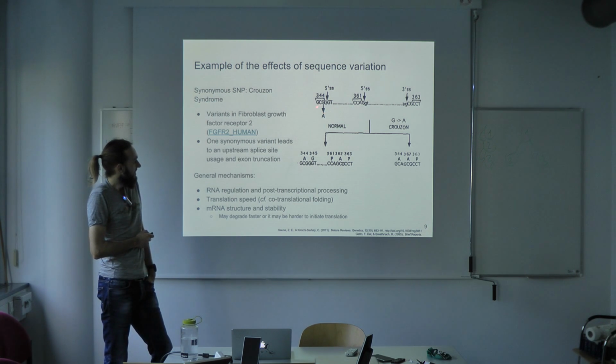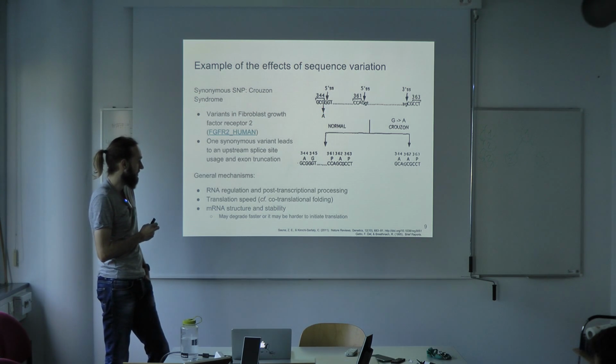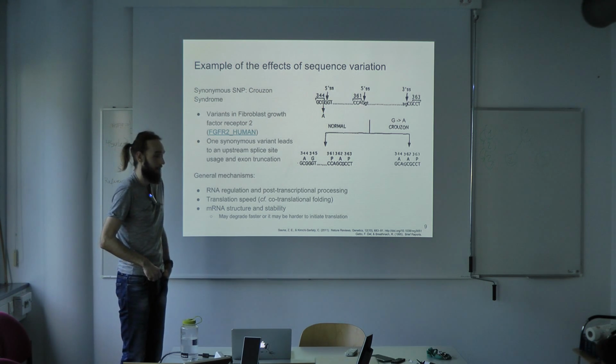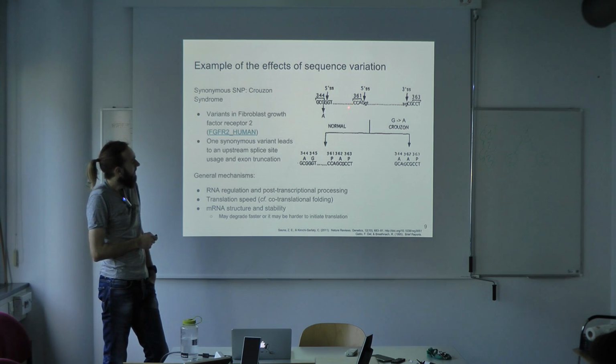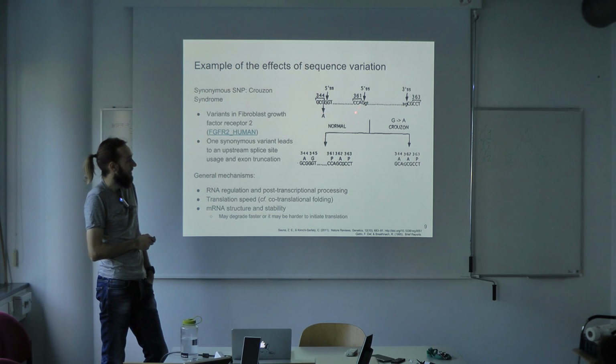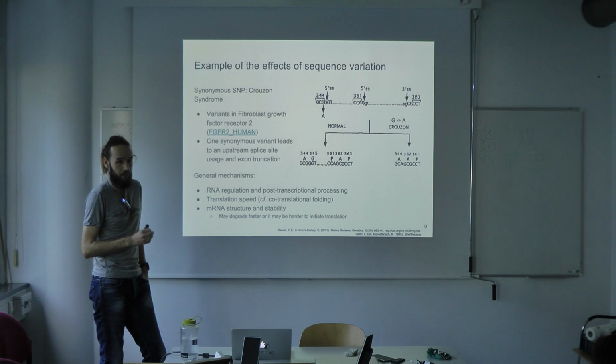So GCG we change to GCA. Both of these codons code for the same amino acid, so that doesn't change anything. But usually this is our exon. It starts somewhere here, it goes along until here, and then this is the splice site. So here we have an intron which is cut out, and then here is the next exon. So from here until here is where our protein usually goes.